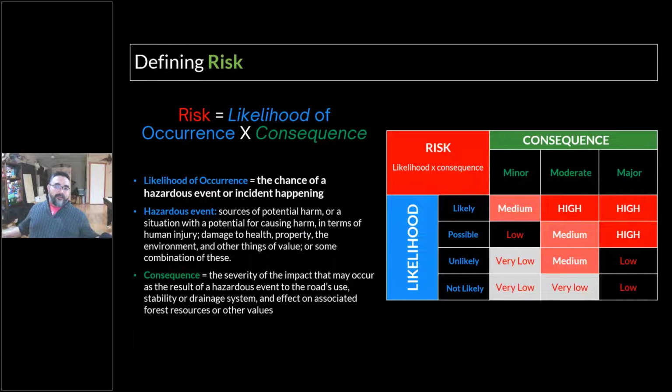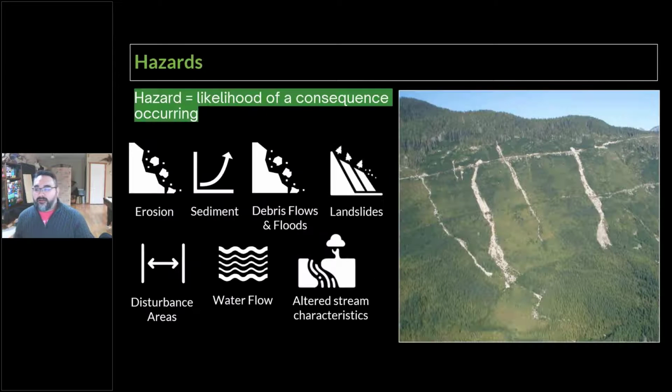So next on the list is, what are those hazards? And like a lot of the things that we're going to do here today, these aren't exhaustive lists. These are just good examples. Hazards can come in many forms. The first one we have here is erosion, and that's just erosion of exposed soils or soils that have been mobilized.